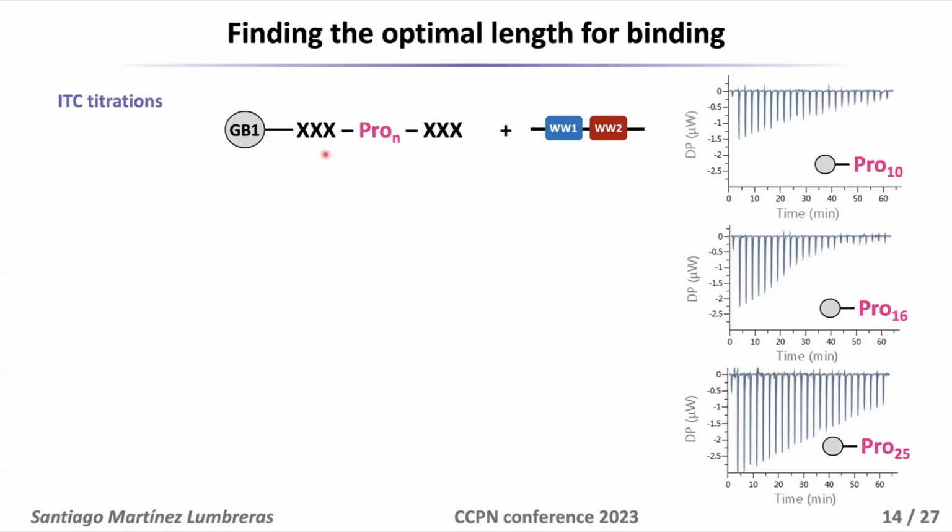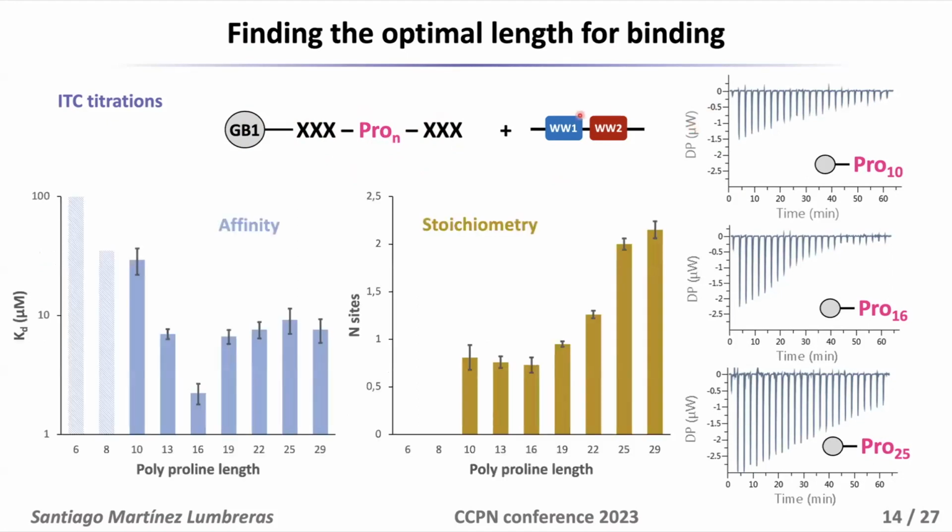So we created GB1 protein constructs linked C-terminally to polyprolines of different lengths, from 6 prolines to 29 in a row. And then we used ITC to characterize the interaction with the tandem.